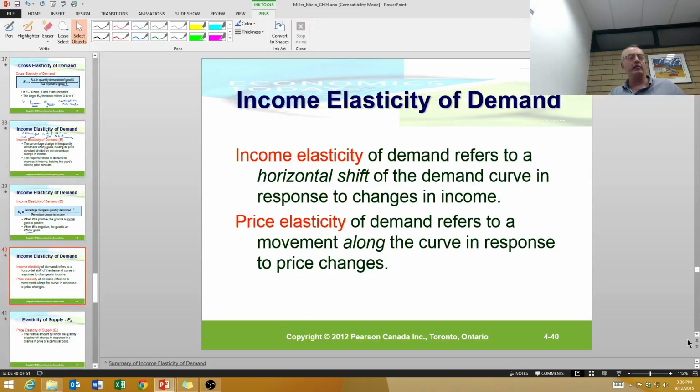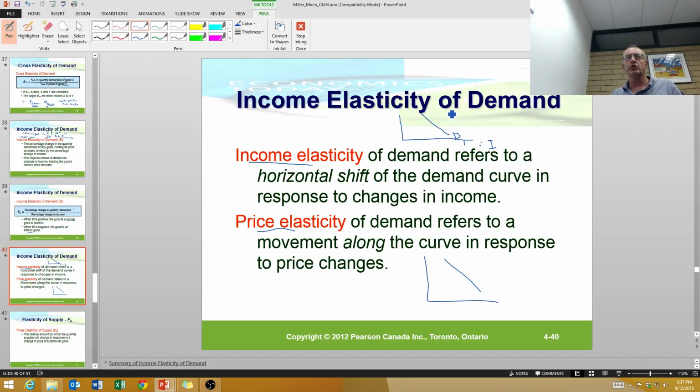And then we have a small summary slide here. When we're calculating price elasticities, we're referring to changes along the demand curve. When we're talking about income elasticity of demand, when our income changes, here's our original demand curve, demand curve 1, at income 1.